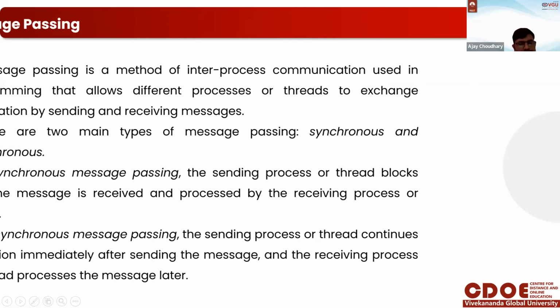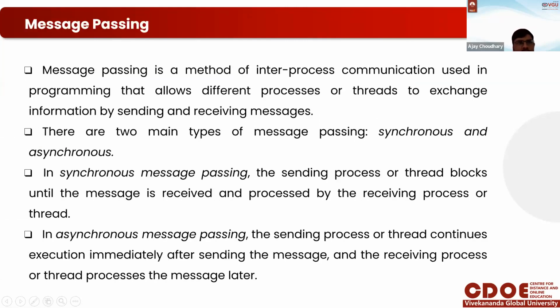The last one, the last technique that can be used for a multi-threading system, is called message passing. Message passing means that when a process has a multi-thread environment, these multiple threads coordinate with each other through inter-process communication.